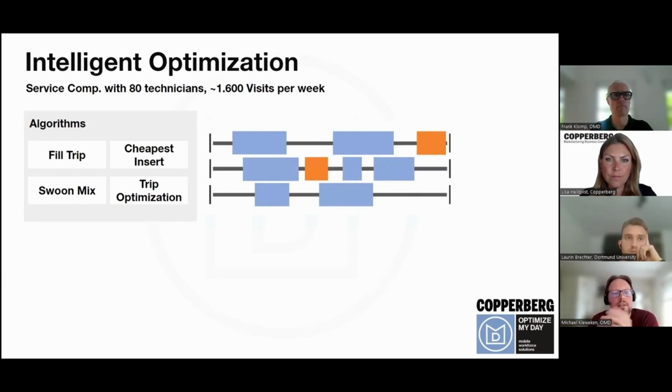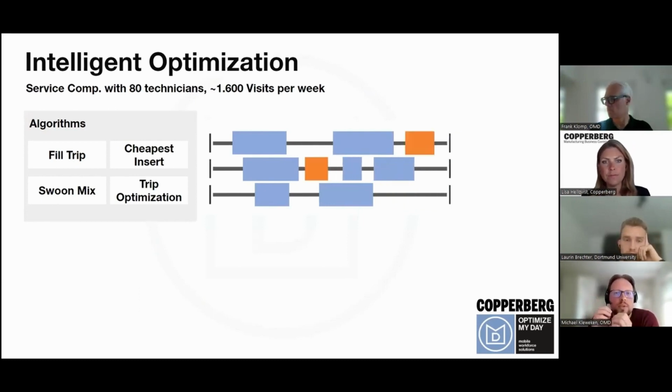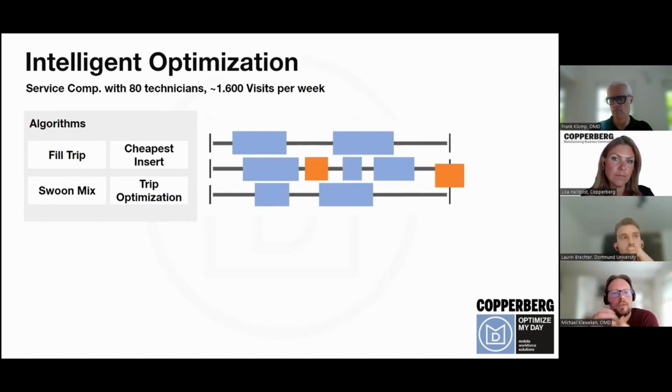This is a real example from a service company with 80 technicians. They are doing approximately 1,600 visits per week, so they are really busy. We set up a customized set of algorithms to increase the efficiency of the whole field service.